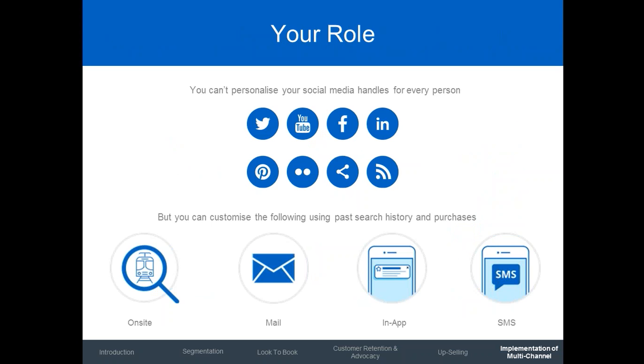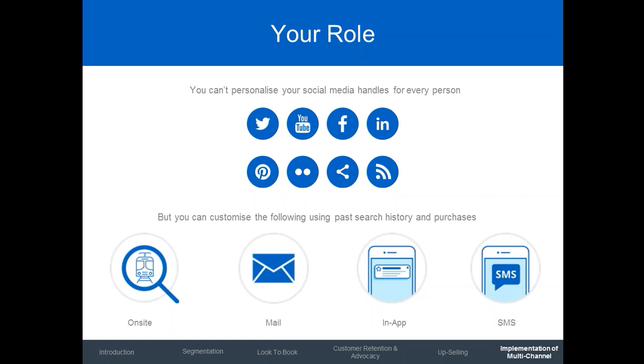This slide explains it well. You can't personalize your social media handles for every person. You put it on a Twitter handle, everyone sees the same. But when somebody comes to you on the website, you can say, hey, welcome back. Last time you searched a flight from San Francisco to London and there is a special sale on British Airways. Would you like to go for it right now?